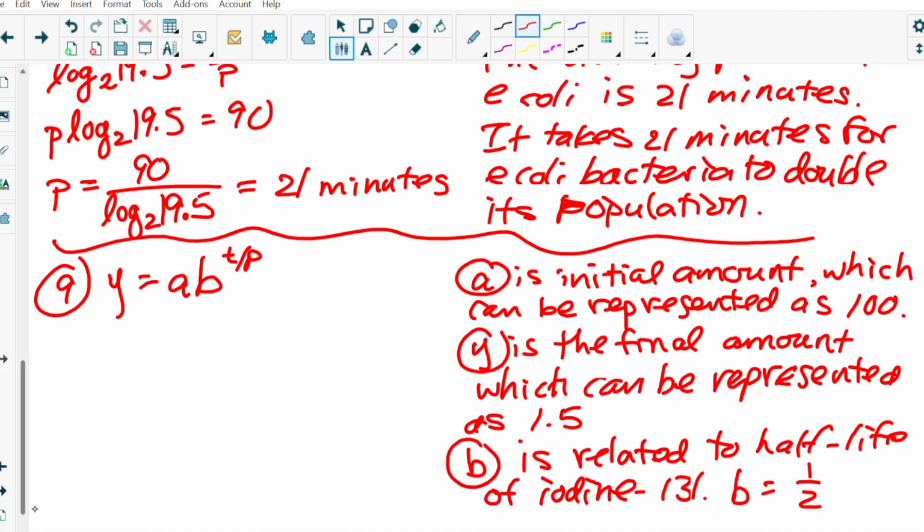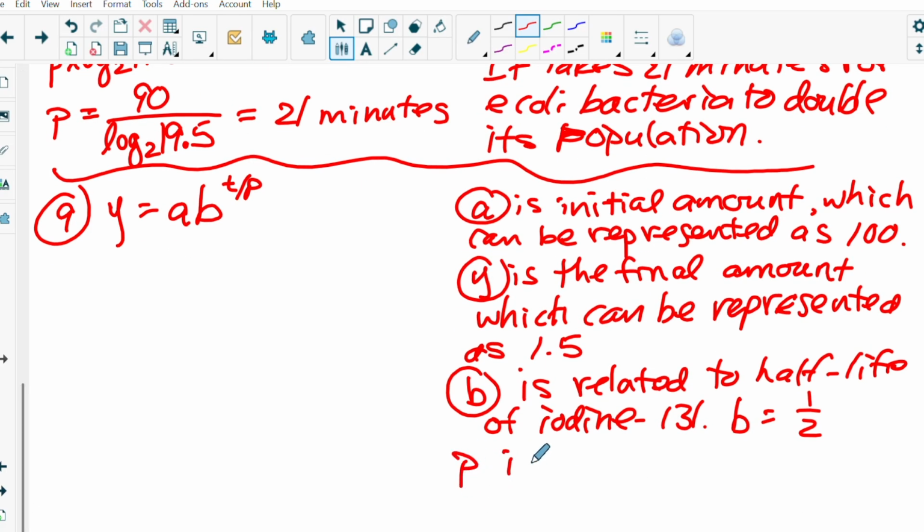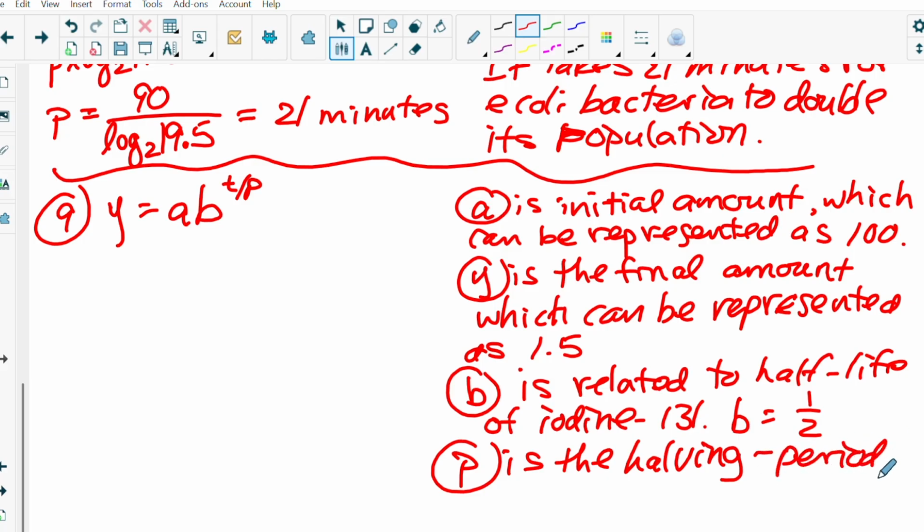And p is, not the doubling period this time, the halving period. So how long does it take for half of the substance to decay away? Or, said another way, how long does it take for half of the substance to remain? So p is the halving period, and we defined it as 8.1 days.